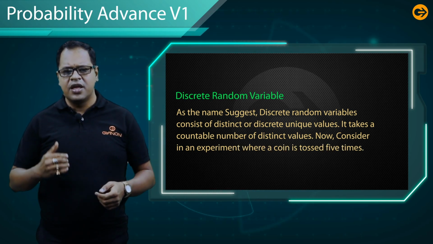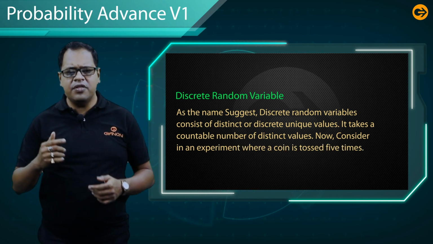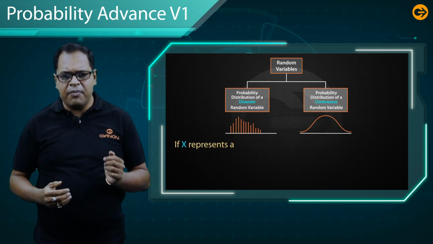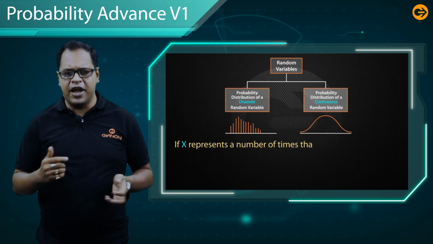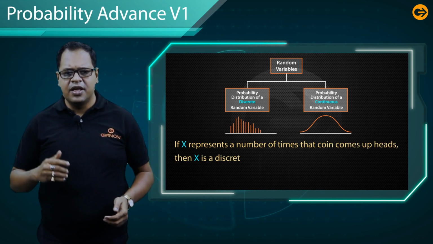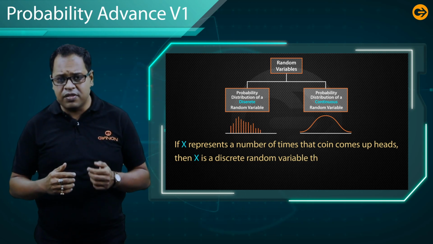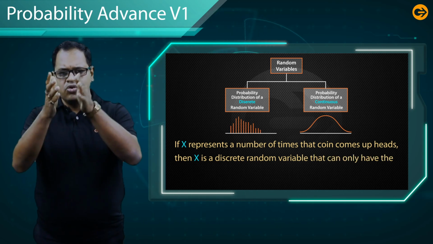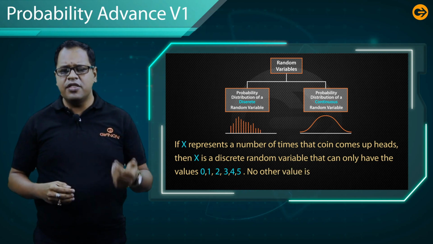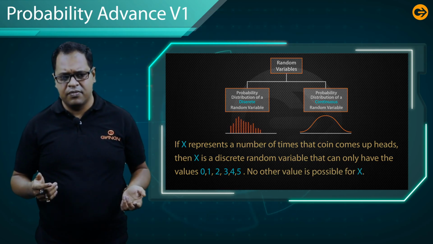Now consider an experiment where a coin is tossed 5 times. If x represents the number of times that the coin comes up heads, then x is a discrete random variable that can only have the values 0, 1, 2, 3, 4 and 5. No other value is possible for x.